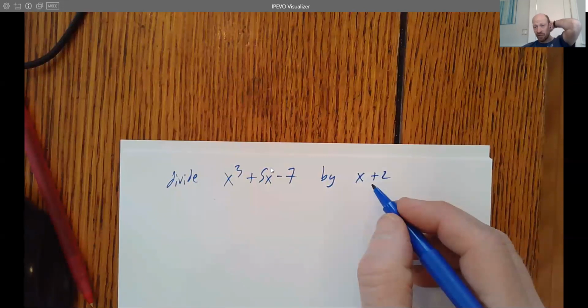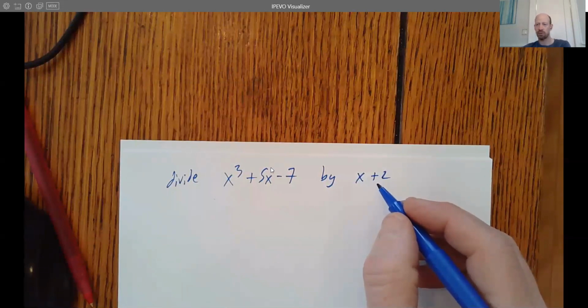This one I could do with synthetic or long division. I can show you both ways here.